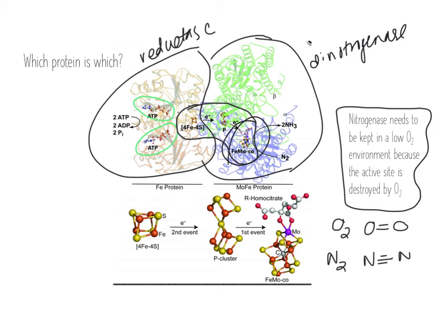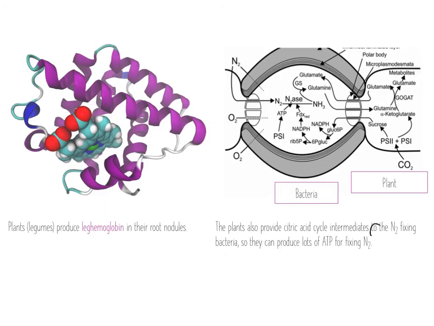So what does it have to do with the plant? We're going back to the plant. Remember I said the plant is in a mutualistic symbiotic relationship with the bacteria. And part of the mutualism is that the plant provides some of the TCA cycle intermediates, it provides some of the ATP, but the plant also provides the low O2 environment.